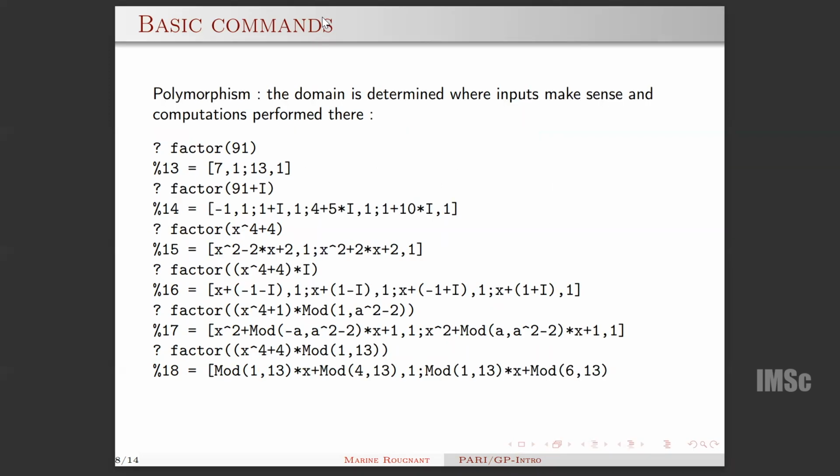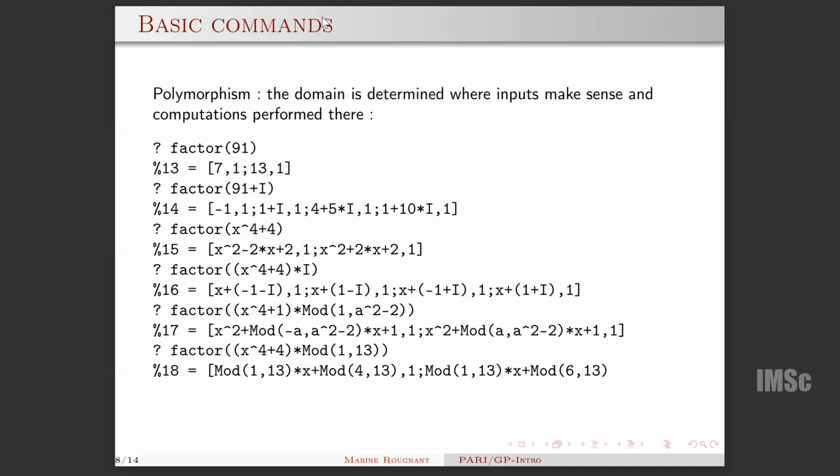And what I was trying to badly explain earlier is the notion of polymorphism. It will choose the domain where your input makes sense and where it can perform the computation. If you try with factor, I think this is the best example. If you want to factorize some number, I mean, an integer, you have this.